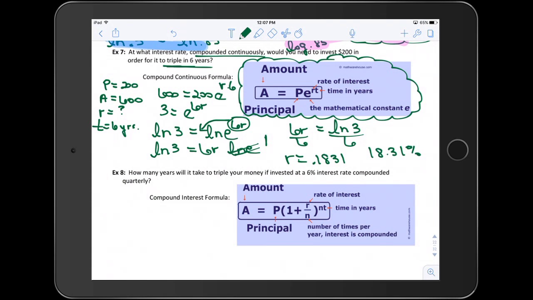which of course we would switch over to 18.31%. Now, there's nowhere in this world that you're going to find an interest rate compounded continuously that you can invest in with an interest rate of 18.31. To give you an idea, savings accounts, money markets are at like 2-3% compounded quarterly. Savings accounts are less than that, and they're compounded either quarterly or even every half year or semi-annually. If you invest in like the Roth or like the stock market, that's different.